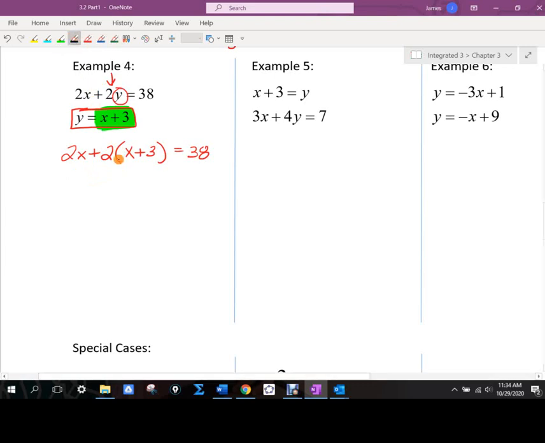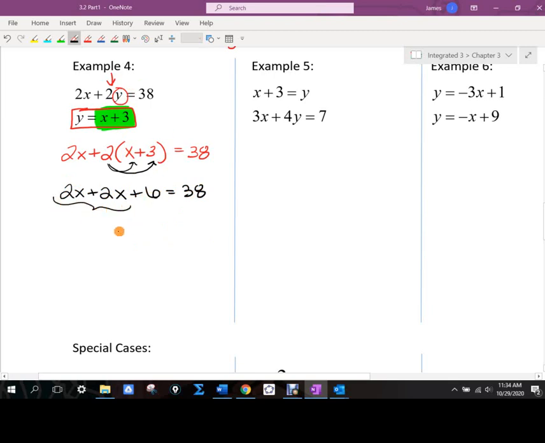The algebra tells me what I have to do right here. Anybody? Got to distribute, right? So 2x plus 2x plus 6 equals 38.